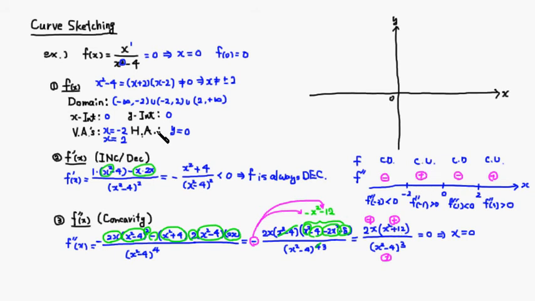All right, let's sketch the picture, putting it all together. We know that the domain excludes +2 and -2. So we're going to put the tick marks for -2 and here, +2. There's a vertical asymptote there, so we're going to draw a vertical asymptote.